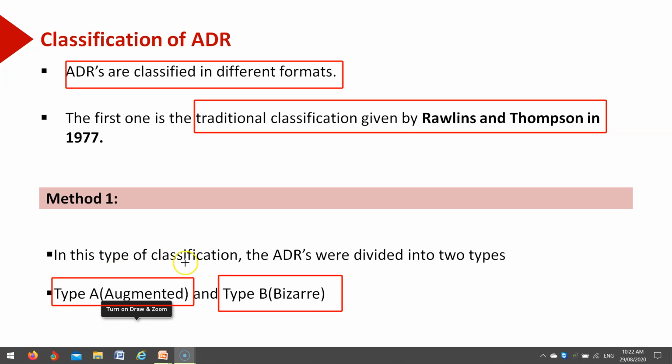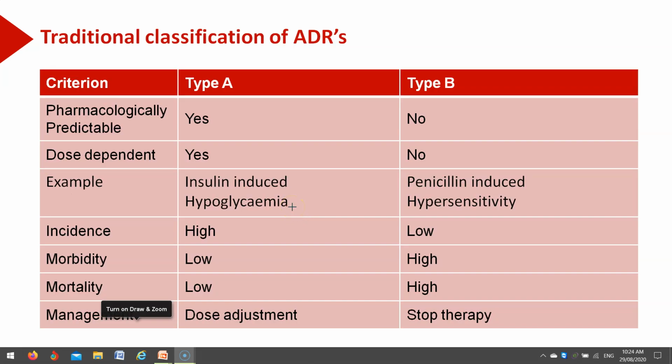So this is the diagram I want to show. Now this slide will tell you all the things we have studied. Coming to the criteria, we can see on the left hand side, type A and type B. As I told you, ADRs can be classified into 2 categories: type A, Augmented, and type B, Bizarre in nature.